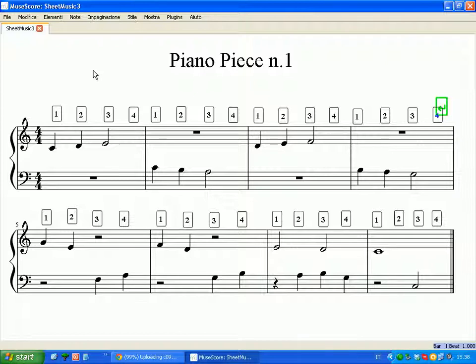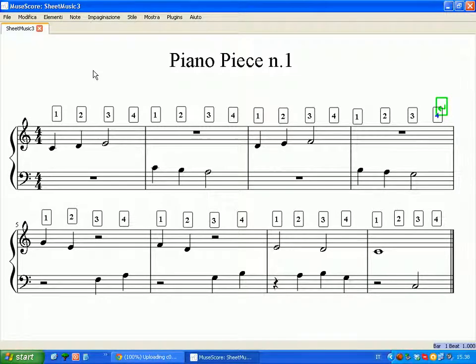Ta ta ta. Ta ta, ta ta, ta, ta, ta. There.